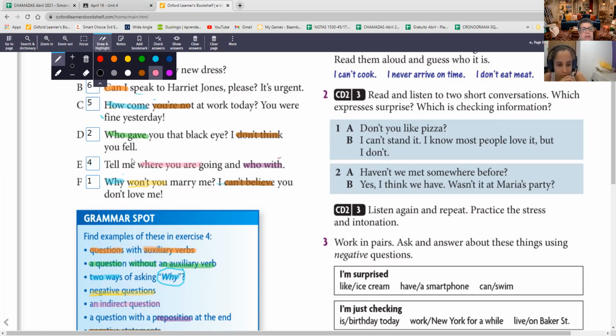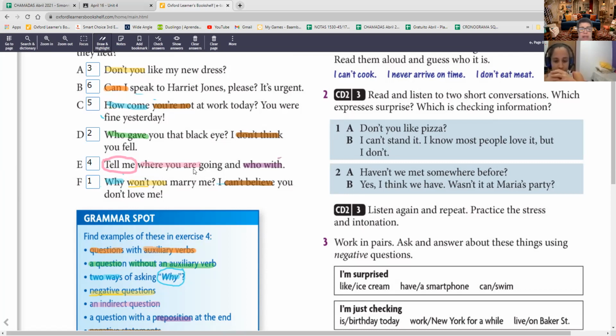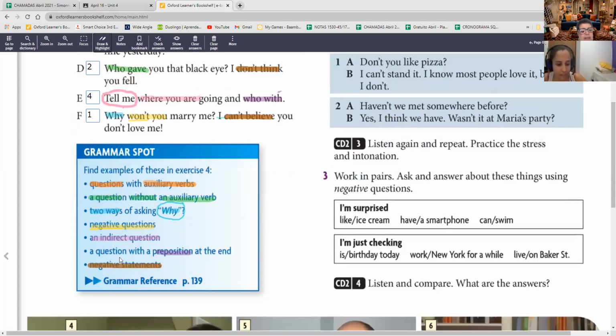So this phrase here creates this situation. I need to pay attention: if before the question pronoun I have a phrase, it means I have to change the position of the subject and the verb. It's not in a question formation or question order anymore. Okay?